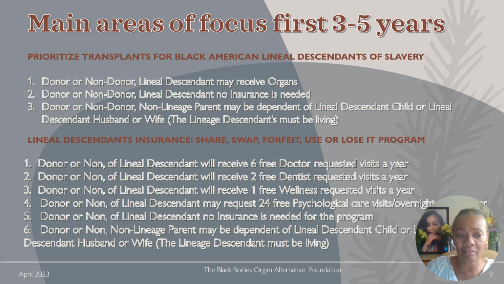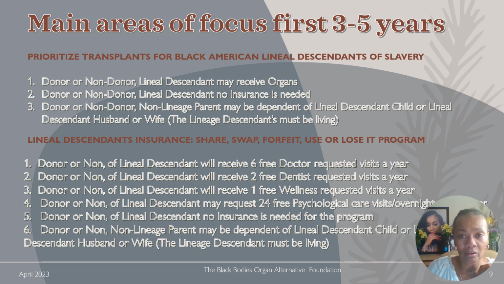The wife or the husband, if they're white or Spanish or whatever religion, whatever culture they are, African, whatever they are, they can be a dependent of the slave descendant.